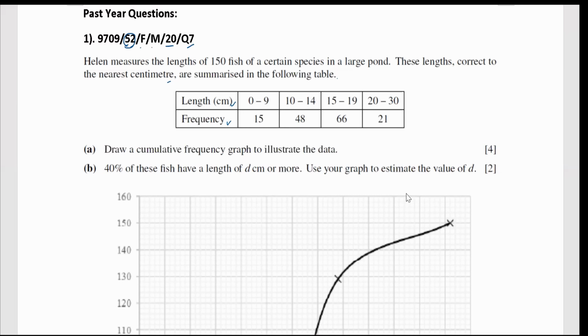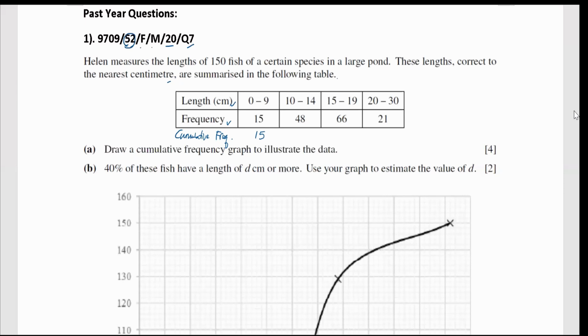First thing is we need to determine the cumulative frequency when you are given the frequency table here. So I would add one row here, label it as cumulative frequency. How do we find out cumulative frequency? For the first interval, we have 15 data, from 0 to 9. When we go on to the second interval, from 10 to 14, there are 48 data.